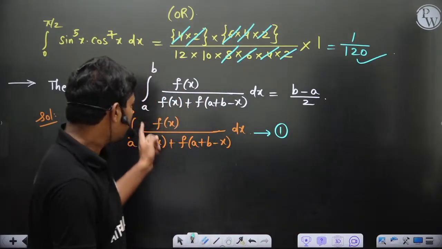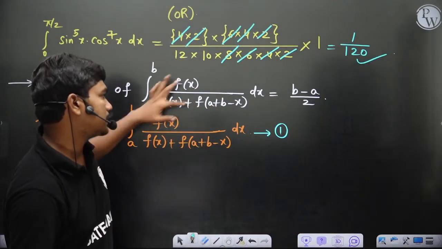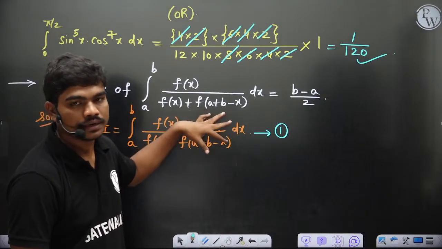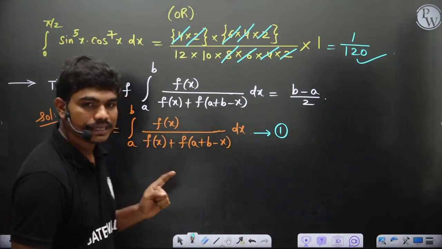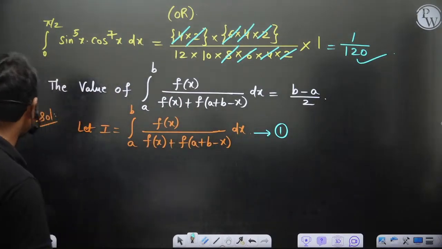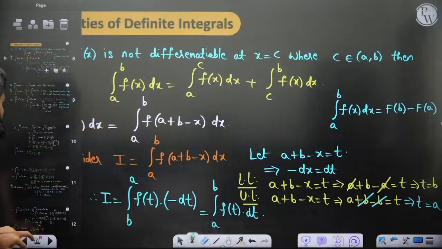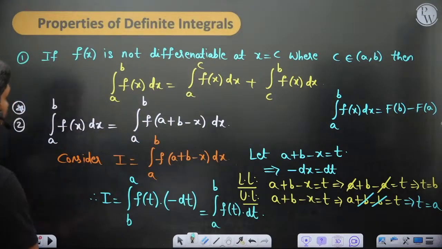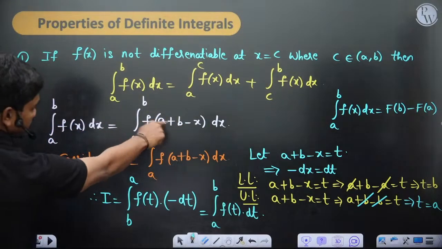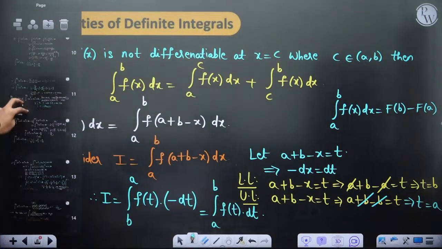Now if this is the total integrand of this integration, wherever there is x, can I replace x with a plus b minus x because of this property, because of this result? Wherever you have x, can I replace it with a plus b minus x in the complete integration? Correct?